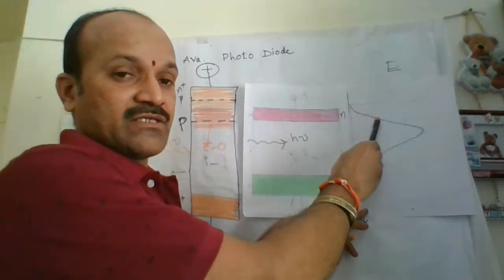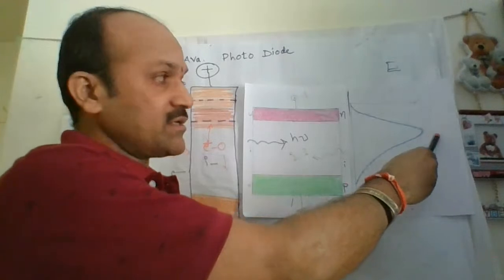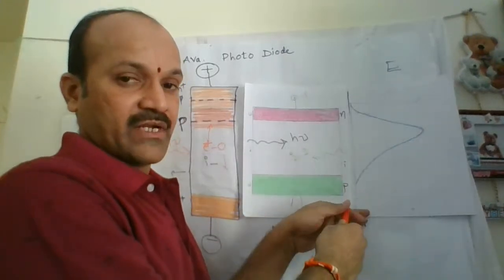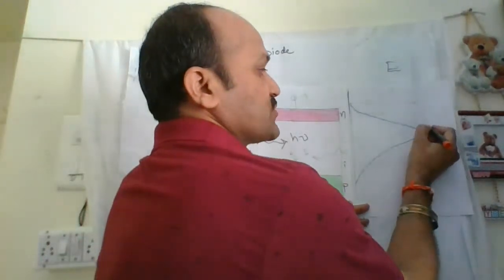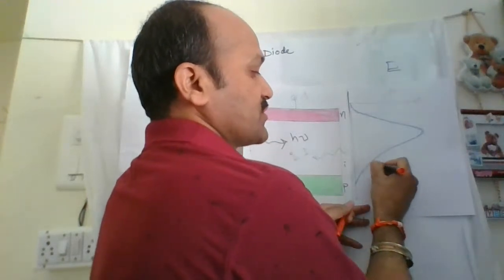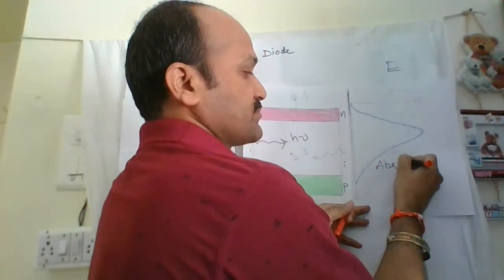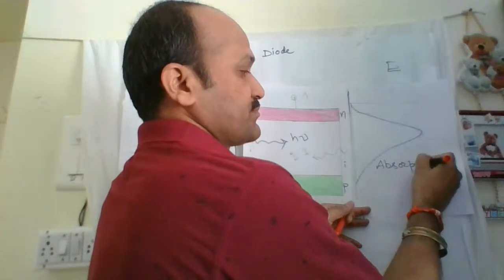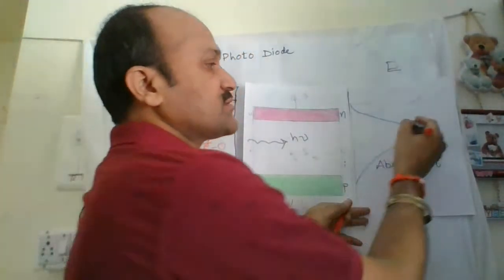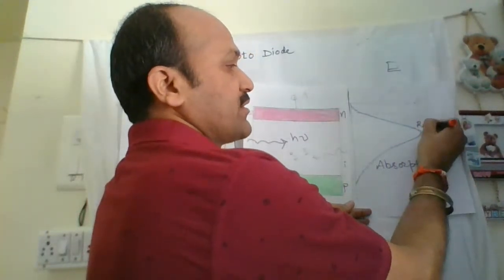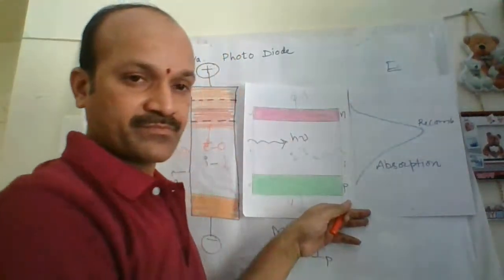The electric field increases in that region, and finally it is absorbing. This is the absorption region, and this is the recombination or gain region.